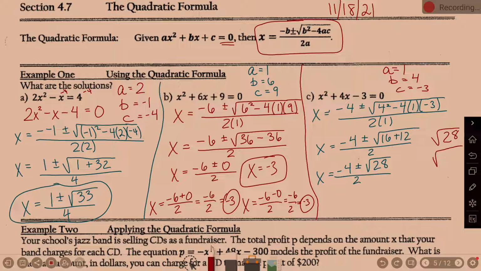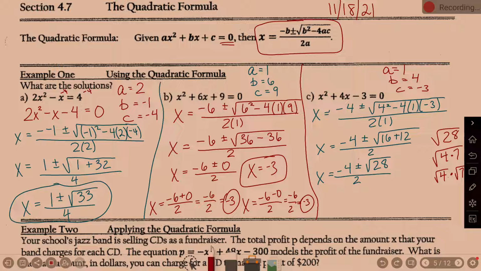Here's my step for you. 28 is the same as saying 4 times 7, yes? I haven't changed the value. That's equivalent. And if you want, you can think of it as square root of 4 times square root of 7. But here's the deal, guys.